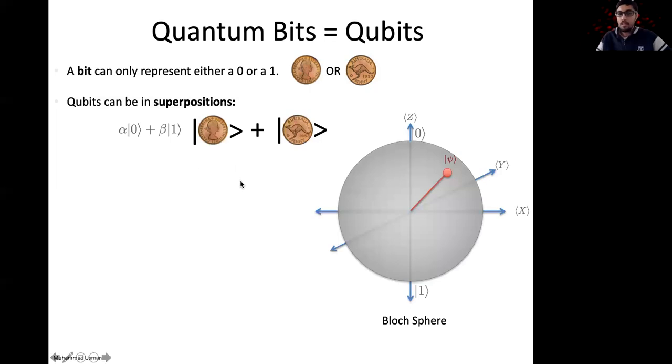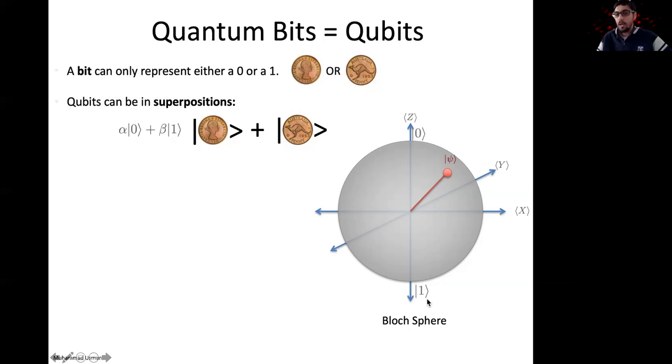In other words, we can say that you basically toss a coin, and the outcome of the coin toss would be 90% head, 10% tail. It's a very different thing. So that's why when we represent a qubit state, we use this sphere, which is called the Bloch sphere. This Bloch sphere says that this vertical axis is the 0 state going upward, down is 1, for example.